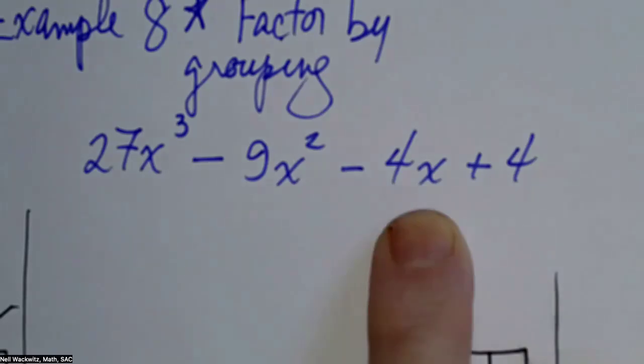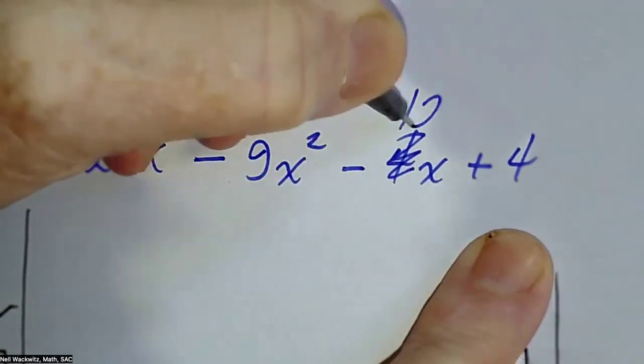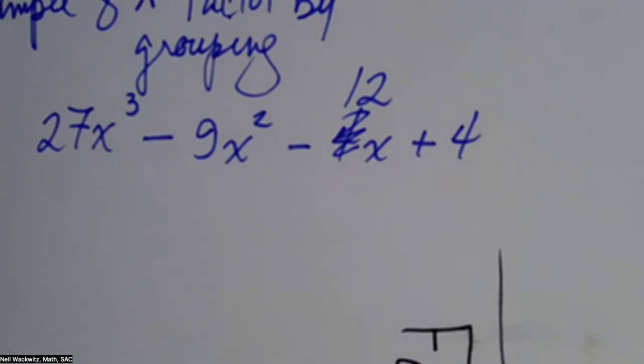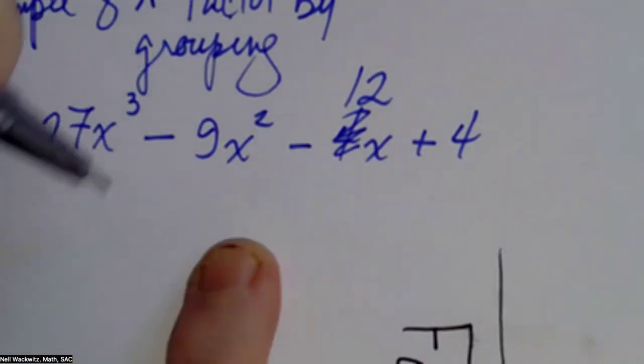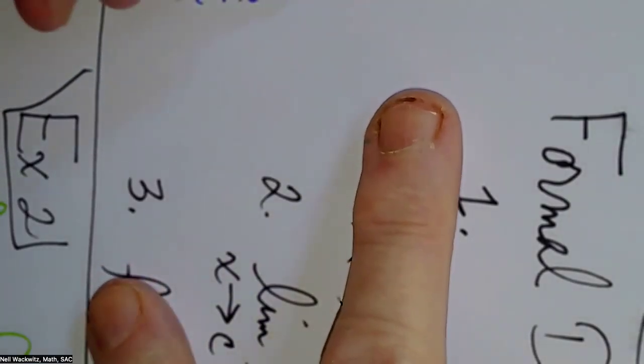No, wait, this is not right. Let's make this 12x plus 4. So I'm going to write it again: 27x cubed minus 9x squared minus 12x plus 4.